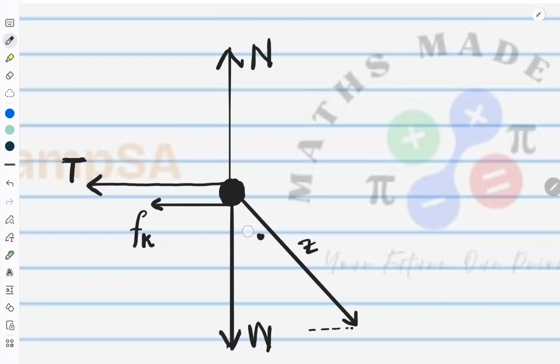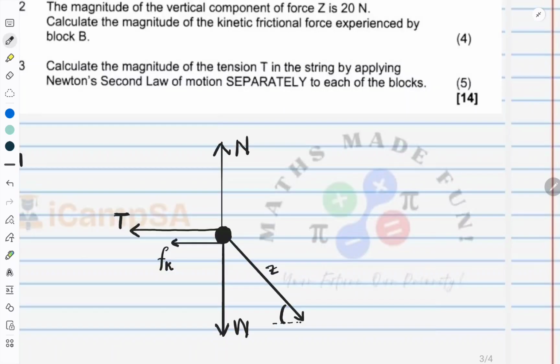So if you know your right angle triangle, we're drawing our vectors like this, right? Where this is your Zx, this is your Zy, and this is your Z. And then we are given 30 degrees here.